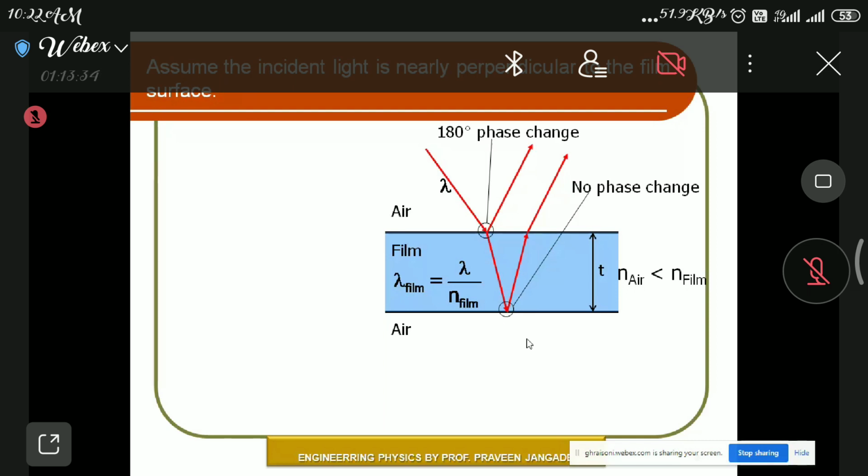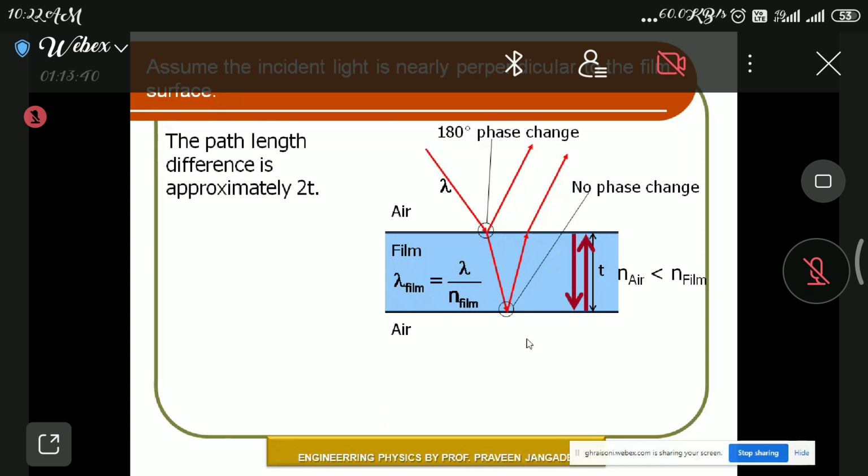Okay, so there must be some refractive index, therefore it is mentioned clearly. Okay, so it is other than air. Now you can see the path length difference is approximately twice t. Okay, so twice t means the rays traveling through the film, that is a geometrical one. So there are two concepts: one can be a geometrical path difference and there is an optical path difference.